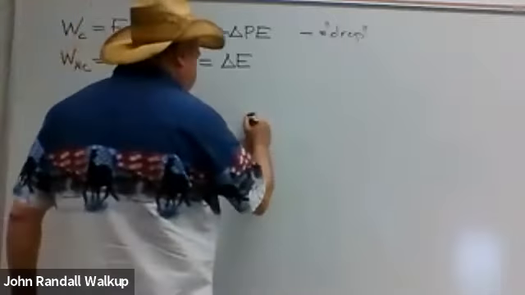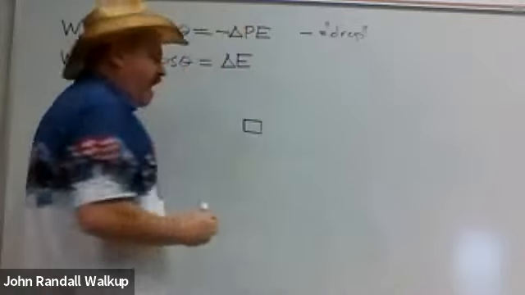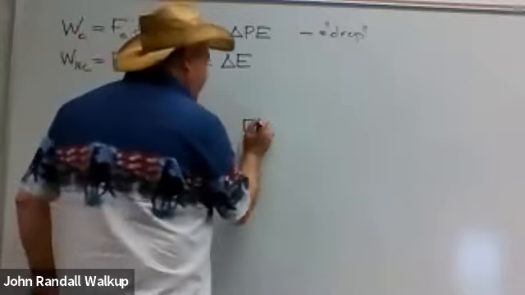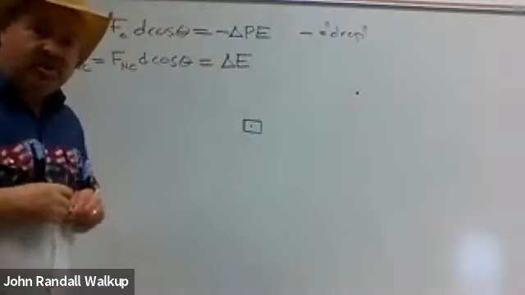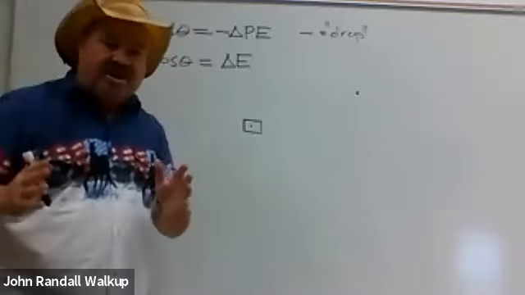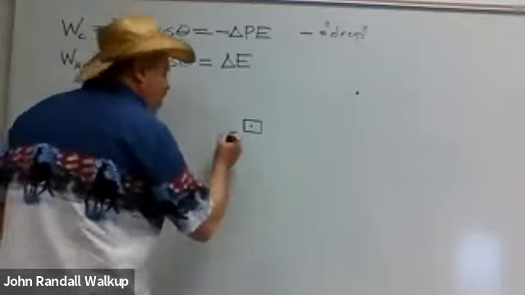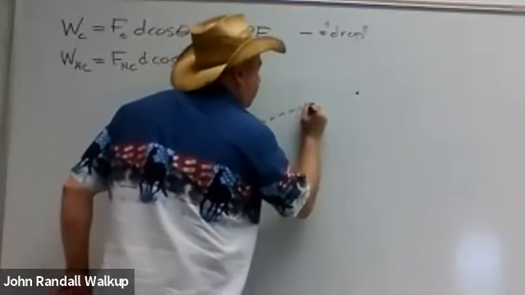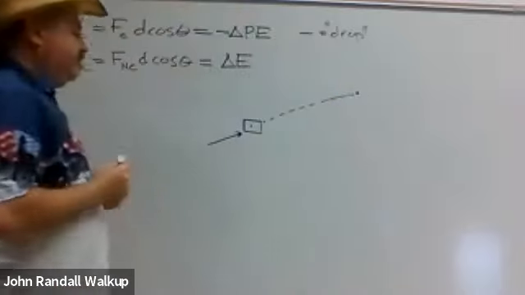I have a brick resting on a surface that's rough, and I'm going to push it from here to this point. I'm going to ask about the work done by friction. I'm going to push this object along this path, and it's going to end up at this point here.